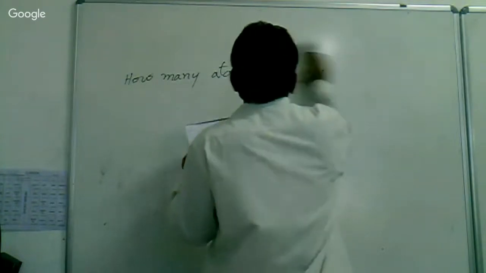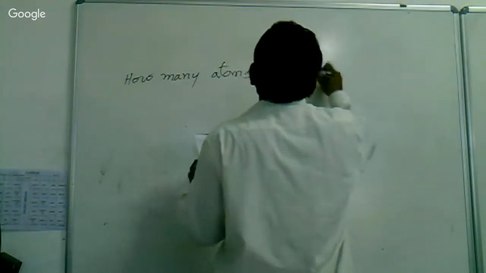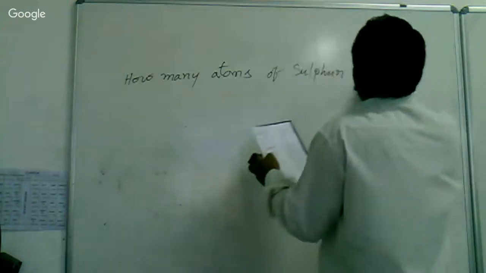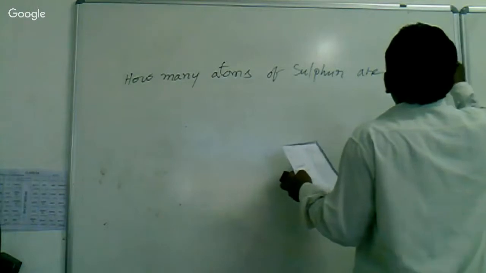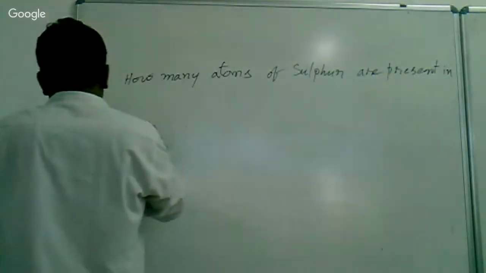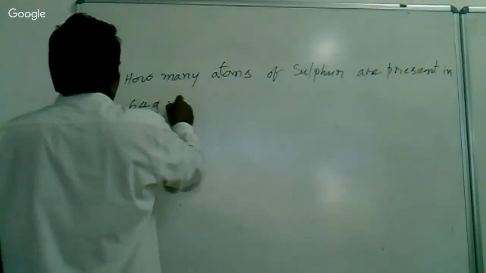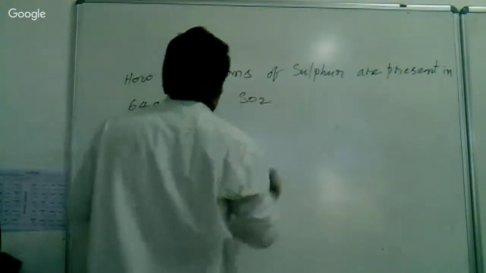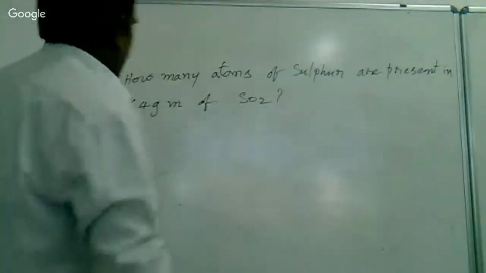How many atoms of sulfur are present in 64 grams of SO2, sulfur dioxide? So very simple again.